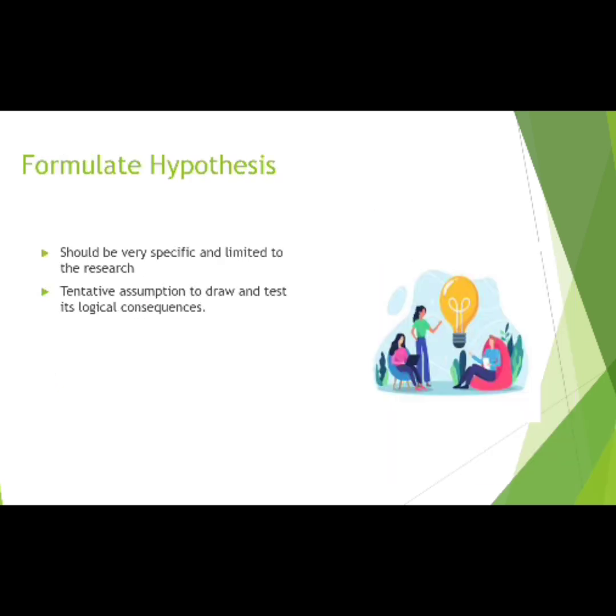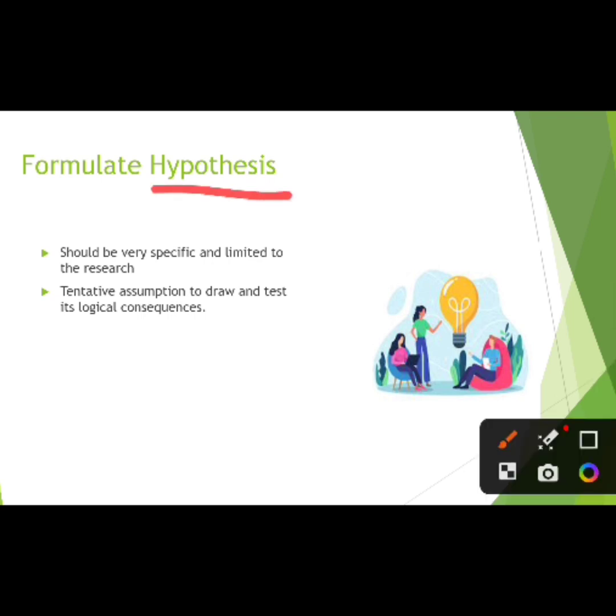After that, formulate the hypothesis. So what is the hypothesis? A hypothesis is nothing but a tentative statement which gives the idea about the direction to do the research in a systematic way. It should be very specific and limited to the research, meaning there should not be any biases, any misunderstandings, and also no unnecessary content in that.